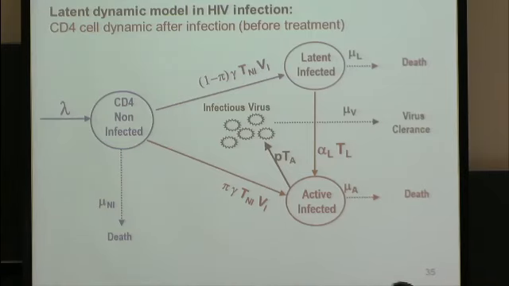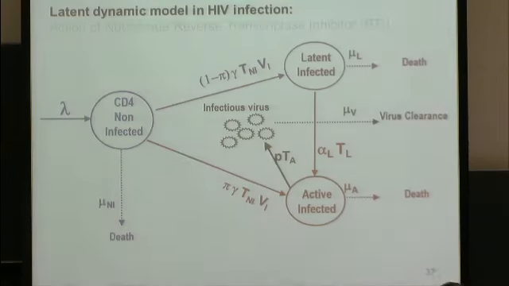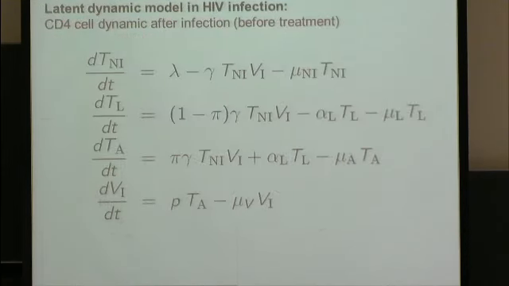So this is a dynamic model of HIV infection. In absence of treatment, we have new parameters, and you can write that as a differential equation, where you now have three kinds of CD4 cells, non-infected, latent, and active, and the infectious virus, and new parameters.